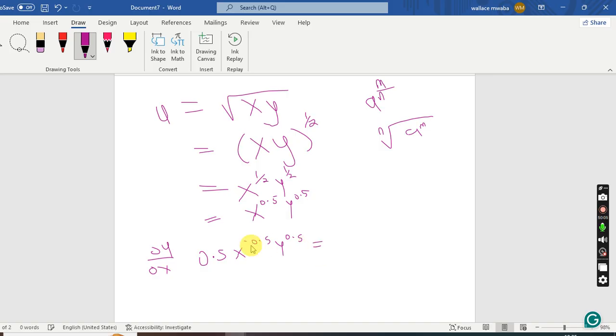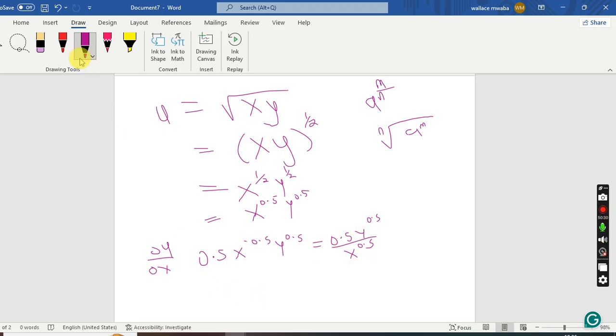Then whenever you have a negative power, bring it to the bottom: 0.5 y to the power 0.5 over x to the power 0.5.